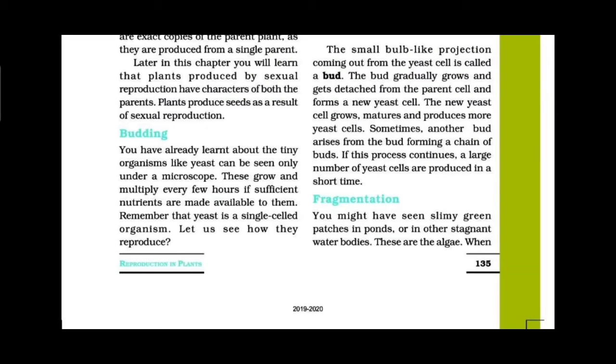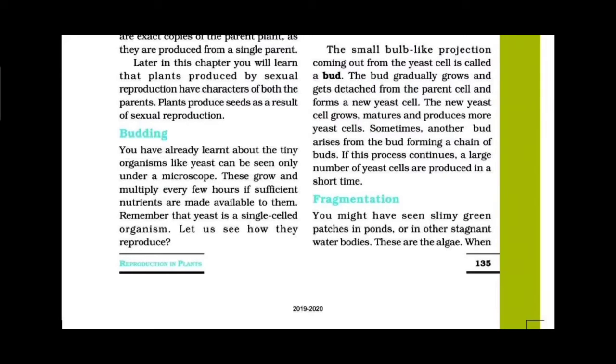Okay, the algae grow and multiply. The alga breaks up into two or more fragments and the fragments grow into new individuals. This process continues and covers a large area in a short period of time. While you observe a pond or a well or river, you may see green color patches, or on an old wall there are green patches.